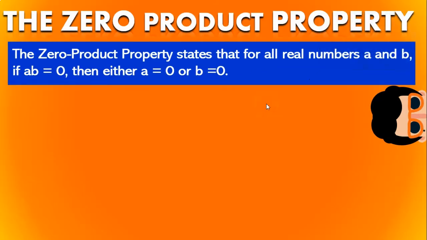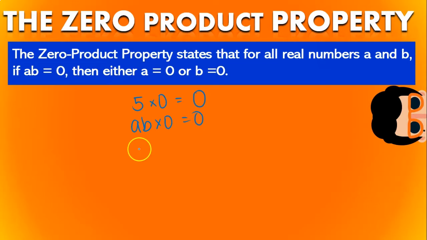The zero product property states that for all real numbers a and b, if a times b is 0, either a is 0 or b is 0. So we know that, for example, any number like 5 times 0 is going to be 0. And if we multiply a variable like a b times 0, that is going to be 0.